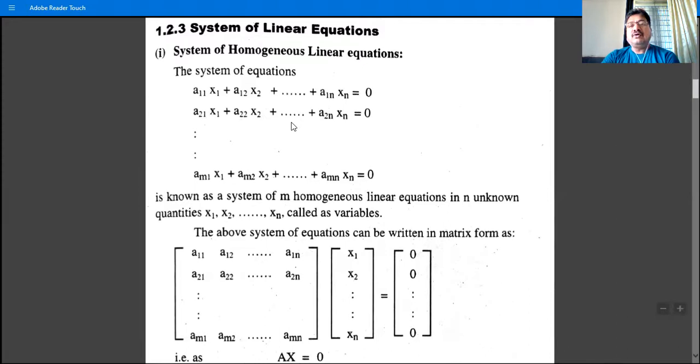So every homogeneous system has at least one solution, the trivial solution. Except for the trivial solution, the system may have another solution, where the values of x1, x2, xn are not all 0 but satisfy all the equations, and such a solution is called a non-trivial solution.